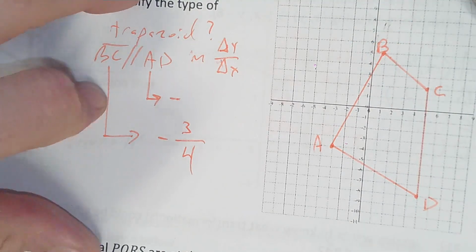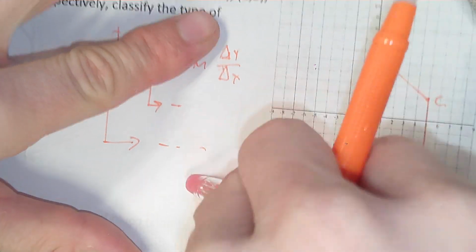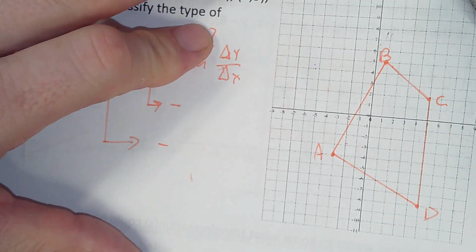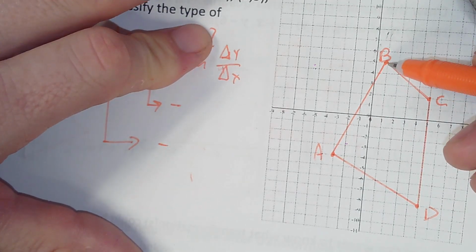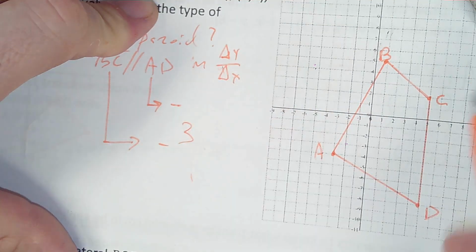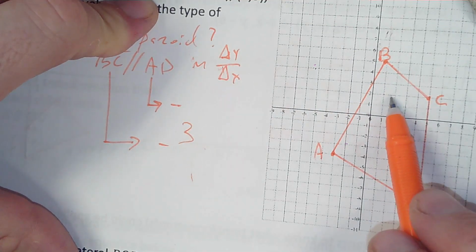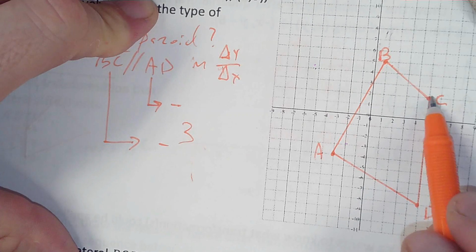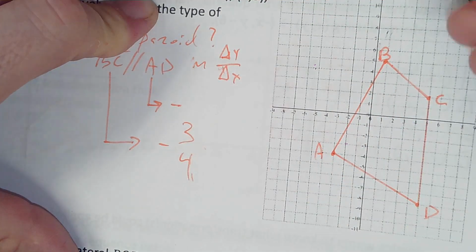Oh, wait a second, I probably counted that wrong. Let me double check that. Okay, so it goes from 5 down 1, 2, 3, and it goes over 1, 2, 3, 4. Okay, that's right. And how about AD?